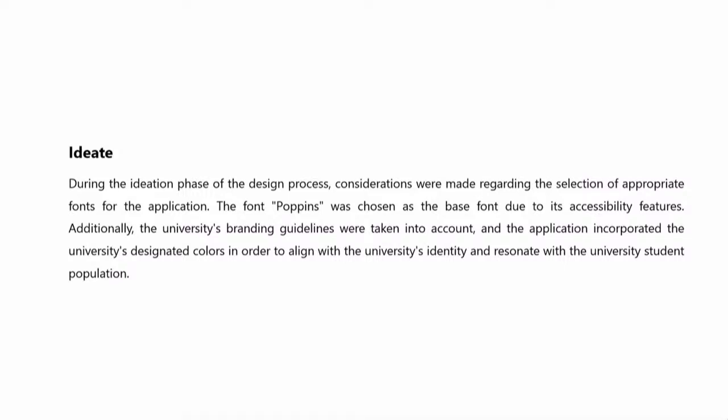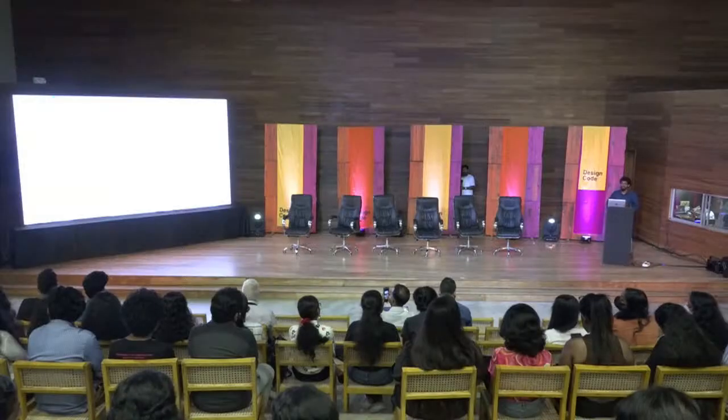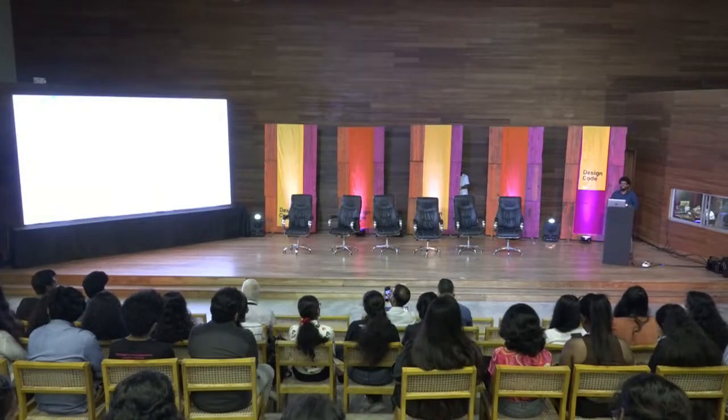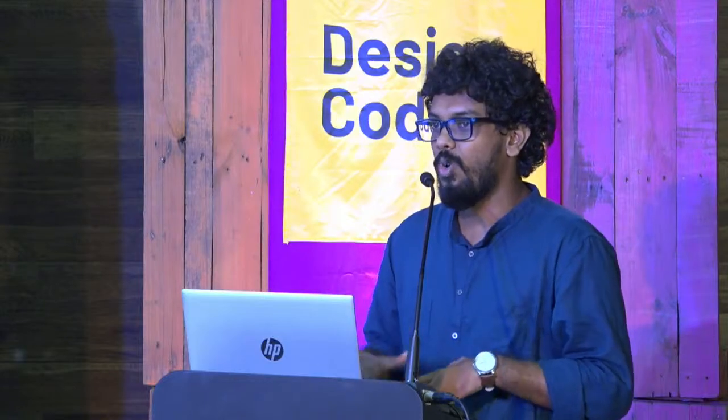First, I thought about the readability issues. They already mentioned the readability issues, so I used clear fonts and colors. I tried to maintain our university branding colors, and also tried to maintain minimalism. In the Faculty of Humanities and Social Sciences, the students come from rural areas, and IT literacy is a bit low.